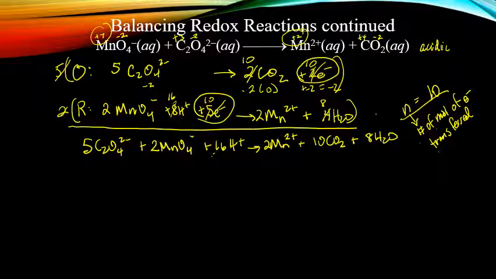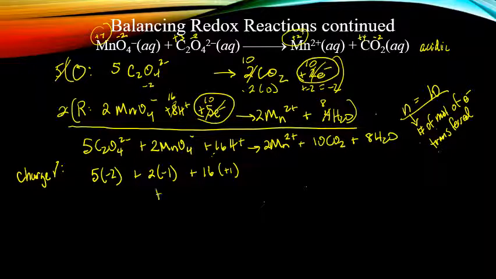So the last thing that I'm going to do is just do that quick little charge check to make sure that we have everything balanced. So I have 5 times -2 plus 2 times -1 plus 16 times +1. So for my reactants, -10 plus -2, that's -12, plus 16, that would give me a total of +4.